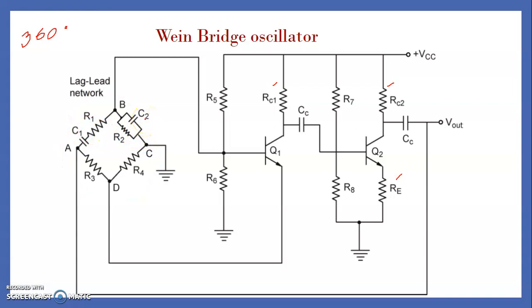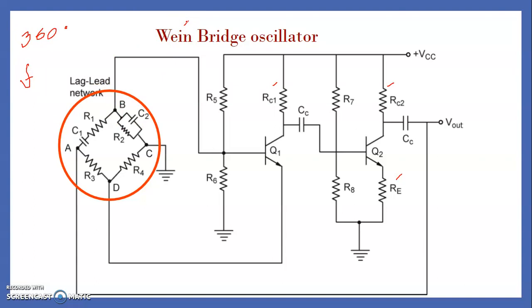These two arms function as the frequency sensitive arms, because R1, R2, C1 and C2 determine the frequency of oscillation of this Wien bridge oscillator.